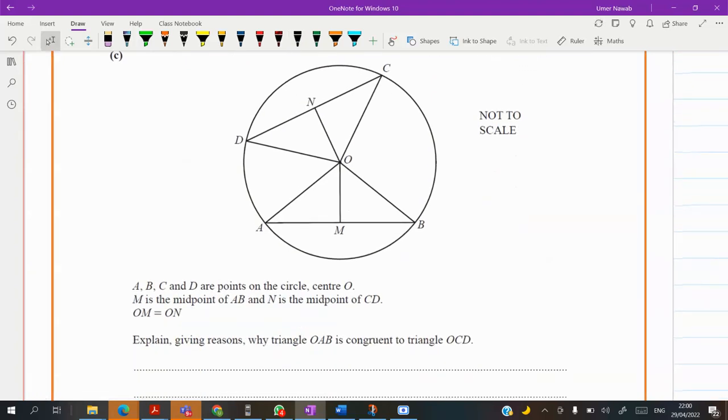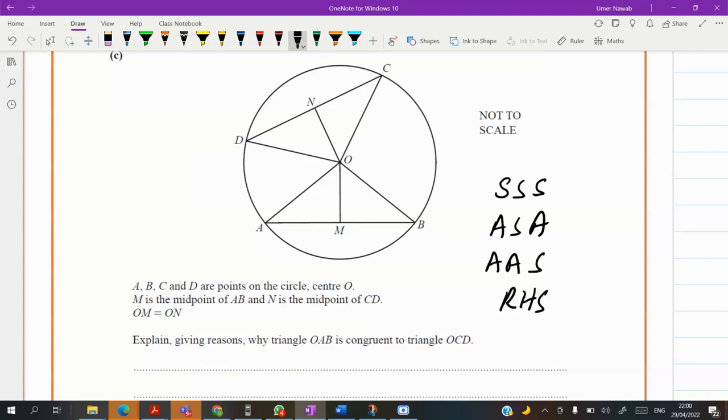Next, reasons why they are congruent. Congruent means same triangles. And we have four famous properties of congruent triangles: triple S, the three sides must be the same; angle side angle; and RHS.